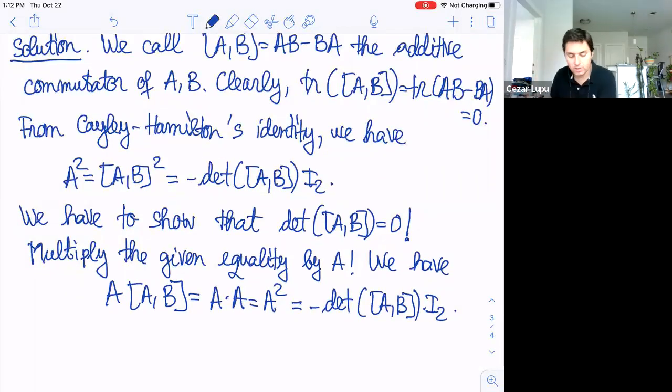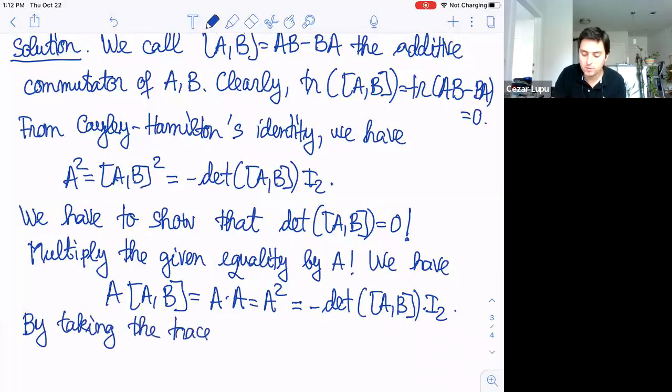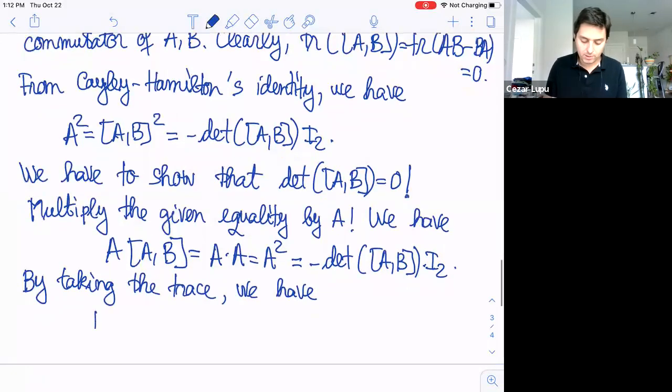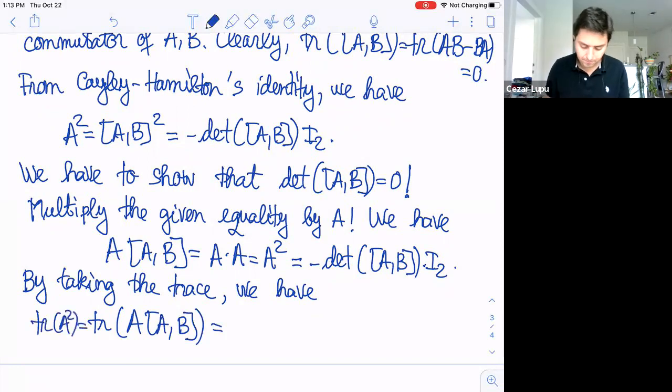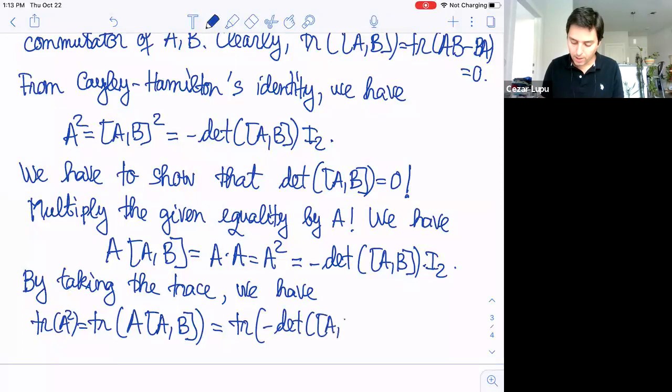Now if we take the trace, we have that the trace of A times bracket AB, which is the same as the trace of A squared, is the same as the trace of negative the determinant of bracket AB times the identity.